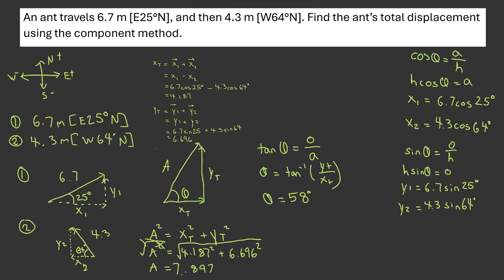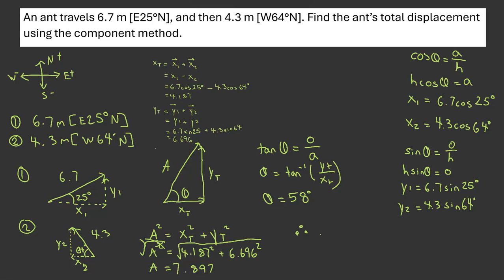Okay, so now I've got my magnitude, I've got my angle. So now what I can write is, therefore, the ant's total displacement is 7.897, but we will check our significant digits, right? The minimum is 2 significant digits, so I'm only going to take 2. We'll round this 8 up to 9.